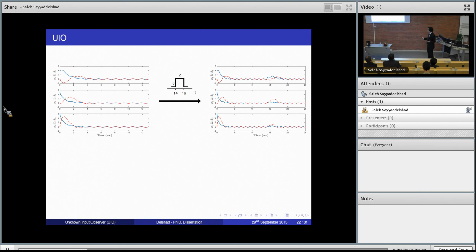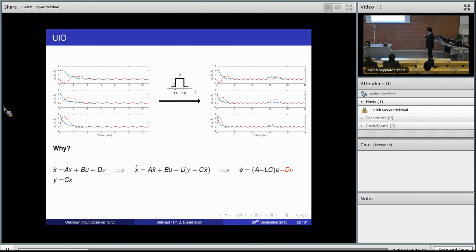It's not a big surprise, because this is the structure of the system. But we are still designing an observer for the plant without unknown input. And this is the time delay. This is the error dynamics, where we try to find L to make it asymptotically stable. But we are missing this term, the unknown input. So that's the part that deteriorates our observer performance.